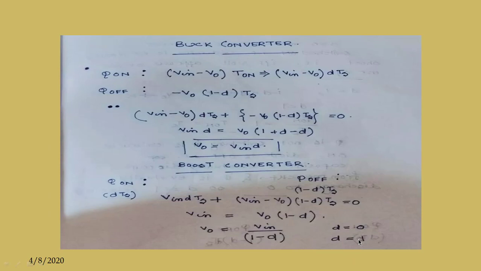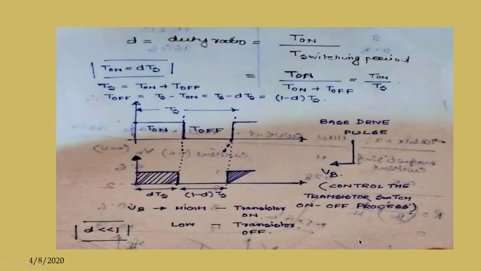Now when d equals 1, that is T on equals the total switching period Ts. That means Q is not switching, it is not changing state from on to off.